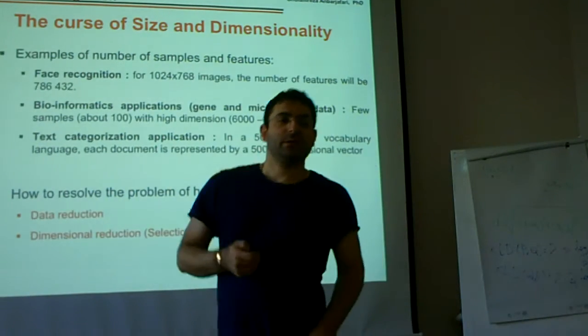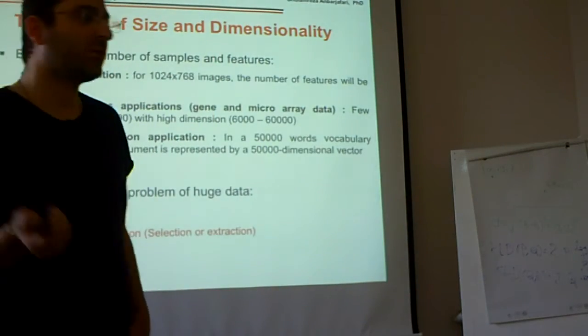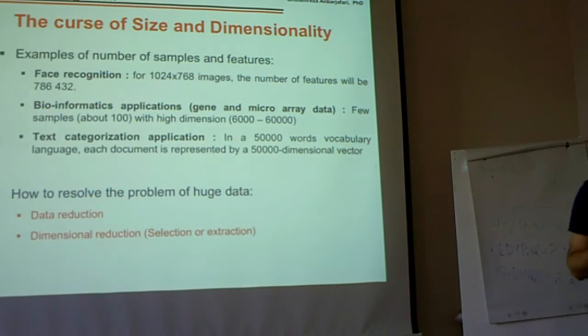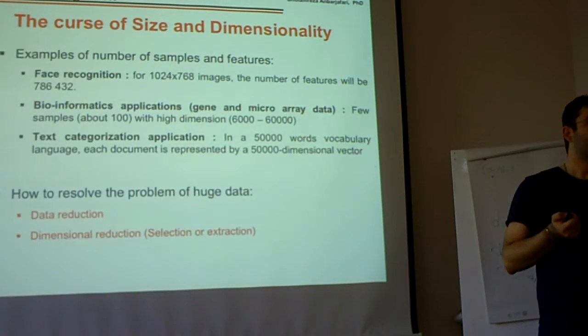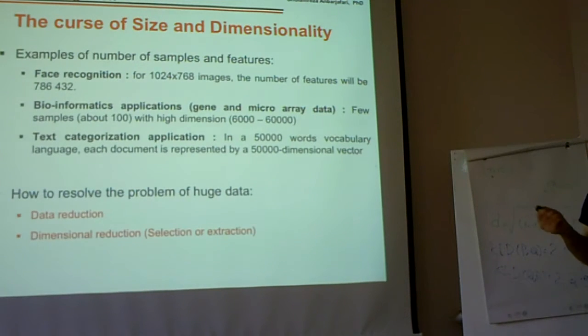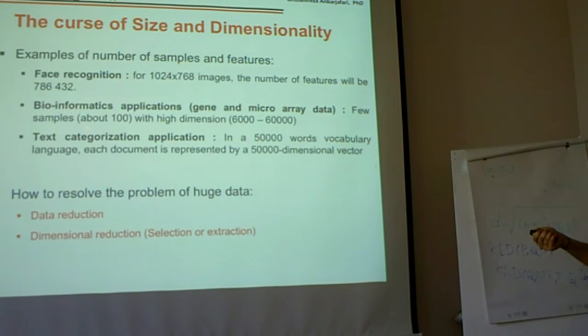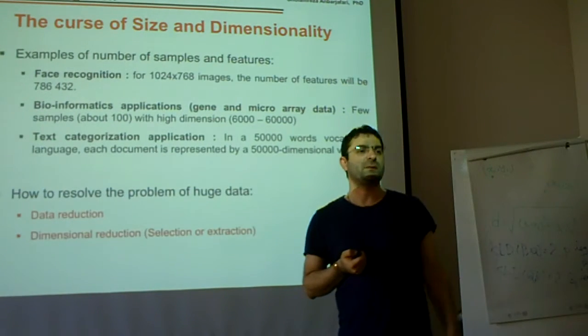Now, why is data redundancy important? Why do we actually want to reduce the dimensionality? Here are some numbers to help you find out we are dealing with big values, big features, so we really need to reduce it. If we have an image of 1024 by 768, it means we can have about 800,000 pixels, each of which can be a feature.